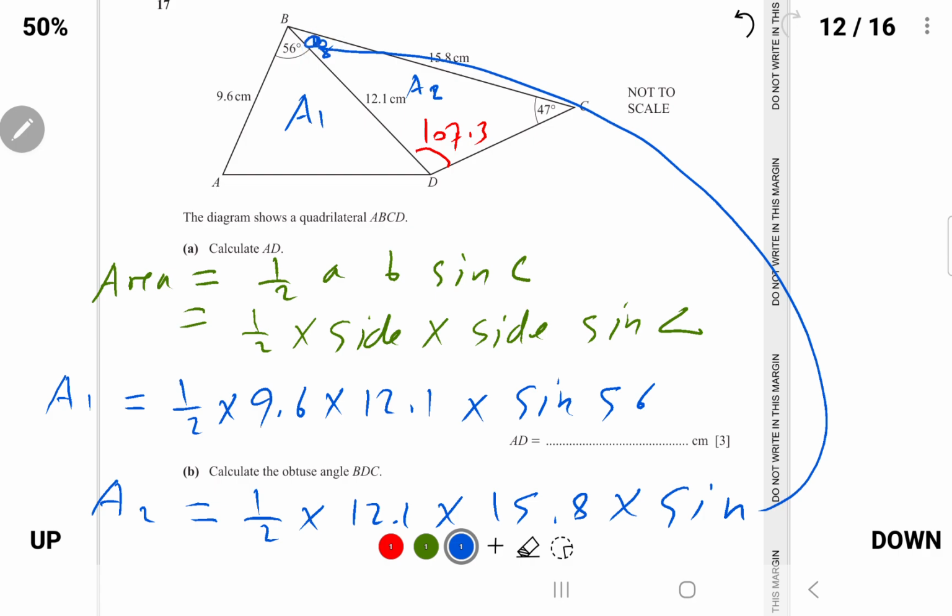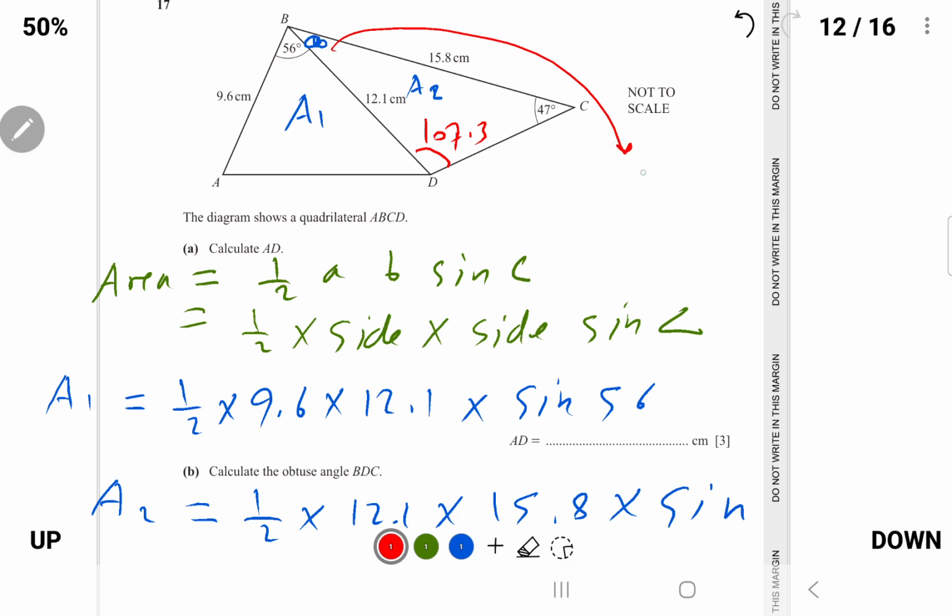We don't know it. In order to calculate it, we have to add 47 plus 107.3, then subtract from 180. So let's find it here. This angle, we have to find it.